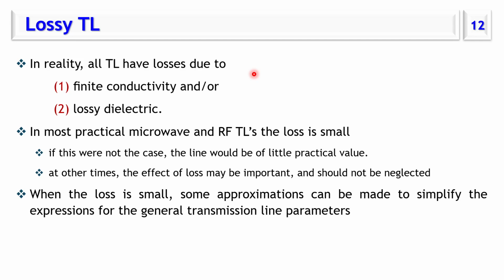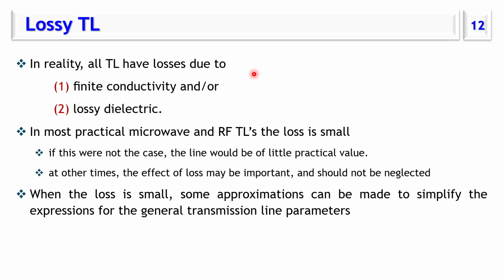First, losses from the conductor, because there is no perfect conductor. Any conductor would have some ohmic losses, which we represented in the RLCG lumped element model by the resistance.